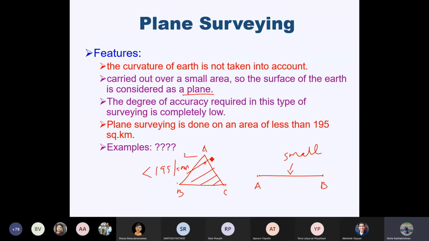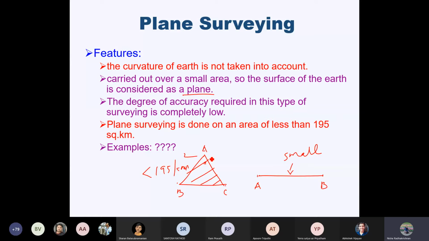Okay, then what about the length and dimensions of a section of a road? What type of surveying would it be? You have a stretch of a road. You have to find out the length and width of the road. Will it be plane surveying or will it be geodetic surveying? Geodetic.